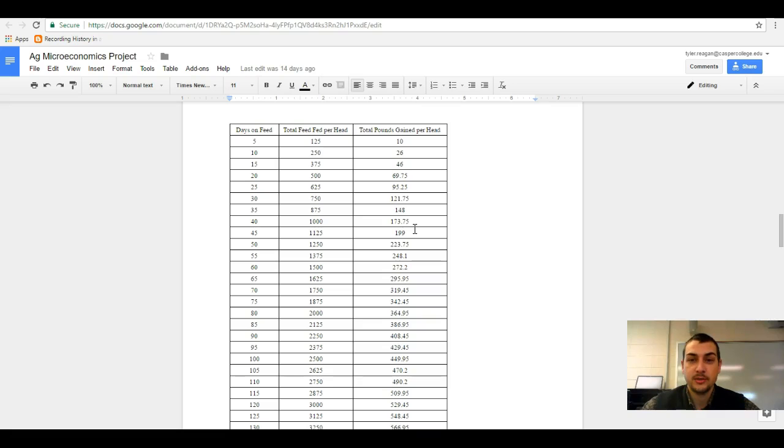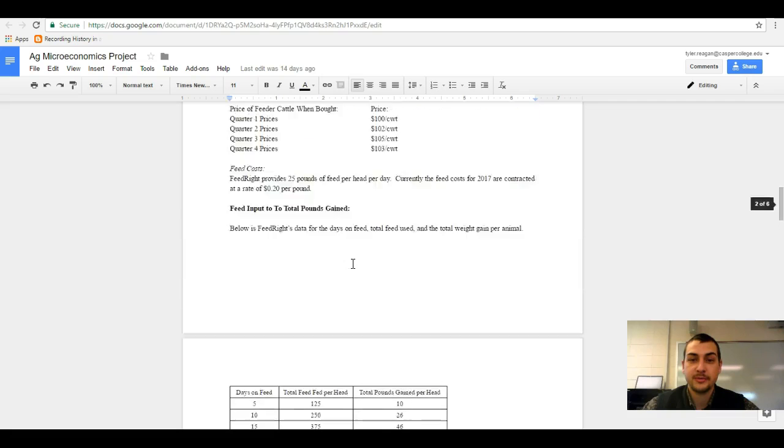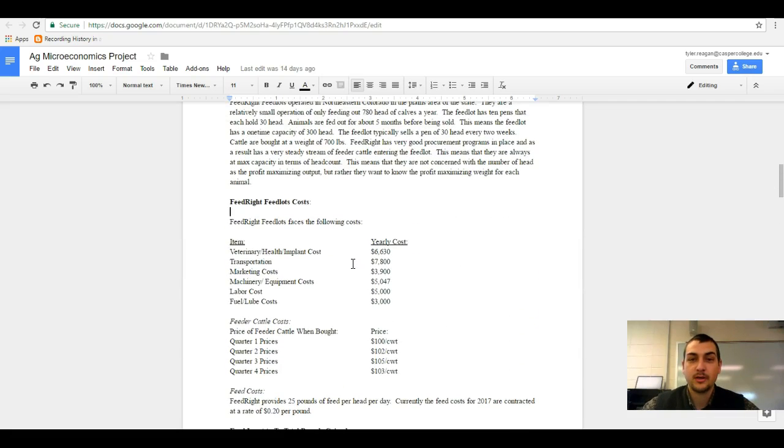The first thing I would do, after you understand where these numbers are coming from, is develop a schedule, like one of the schedules you might see towards the end of chapter 5 in your book. It has input, then output, then total fixed cost, total variable cost, total revenue, and then average variable cost, average fixed cost, average total cost, and on the far side marginal cost and marginal revenue.